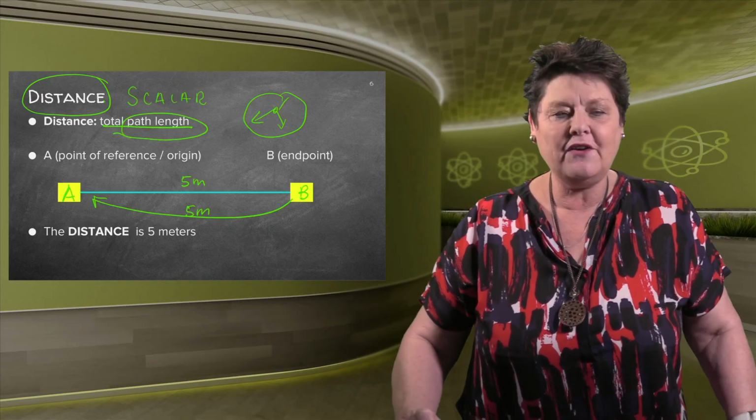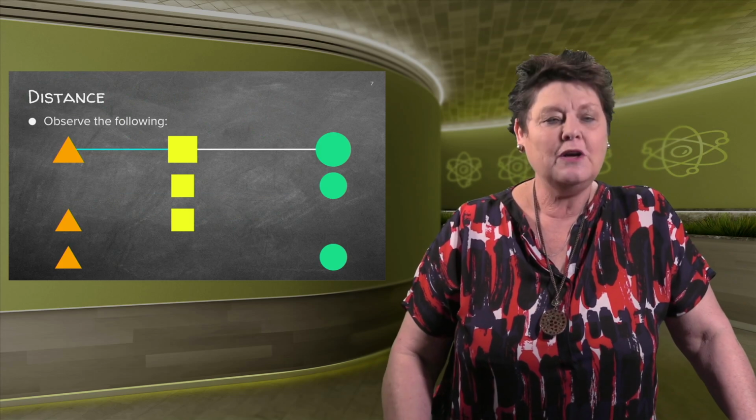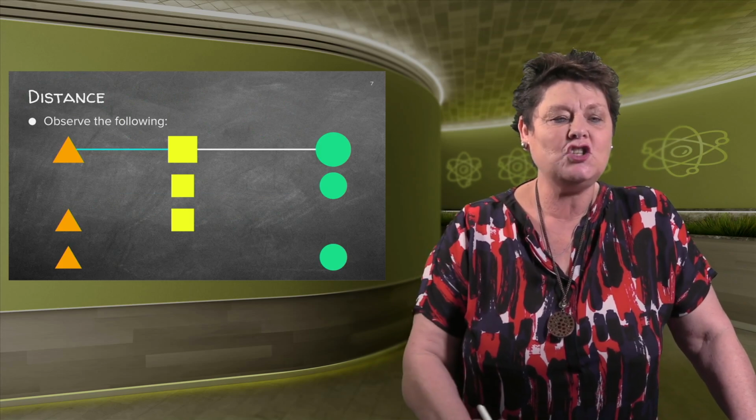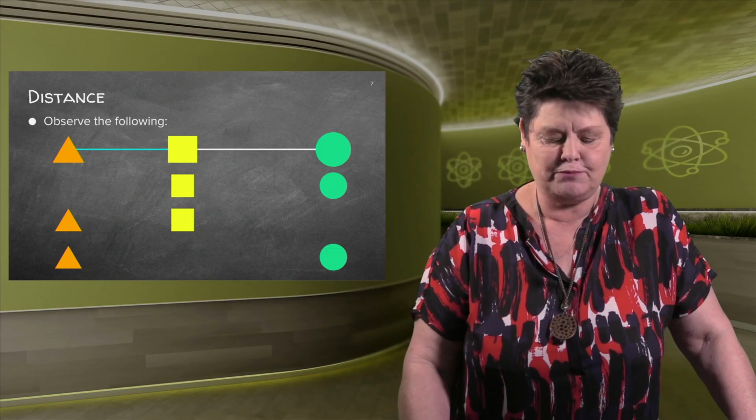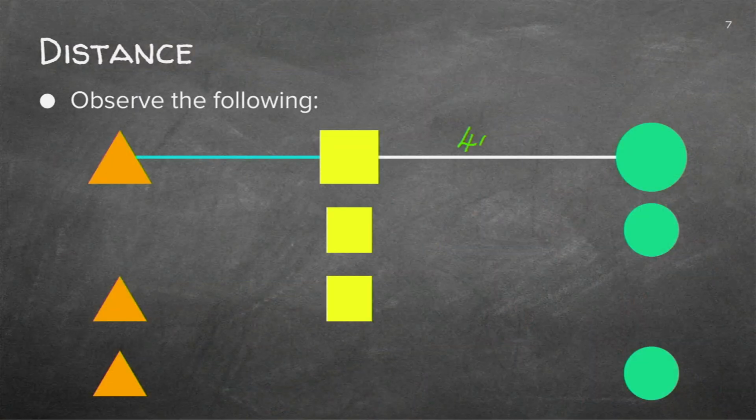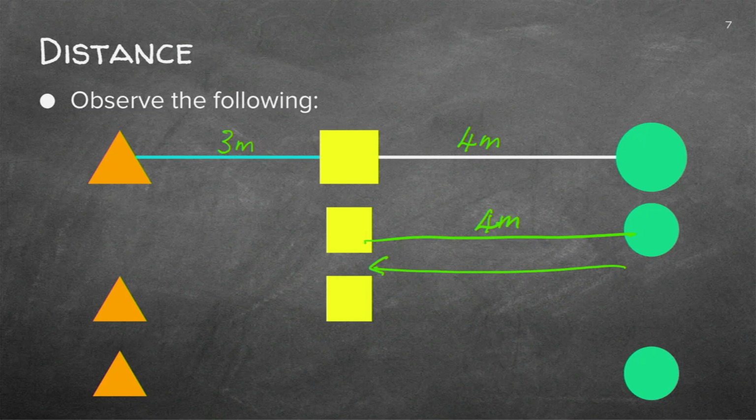Right, let's carry on to distance in terms of our figures that we had previously. This was 4 meters and that was a distance of 3 meters. So that will be 4 meters from there and 4 meters backwards again.